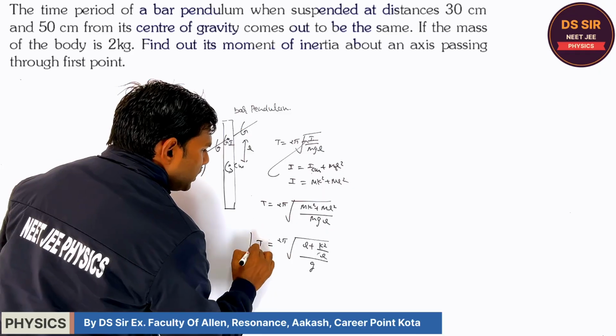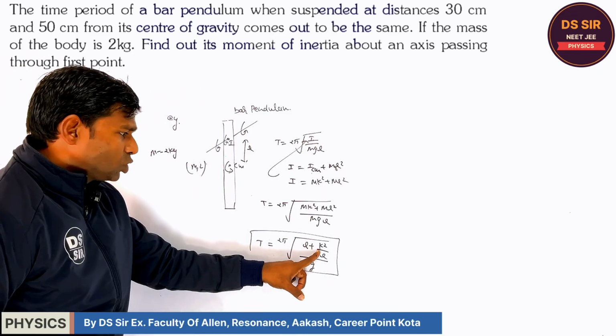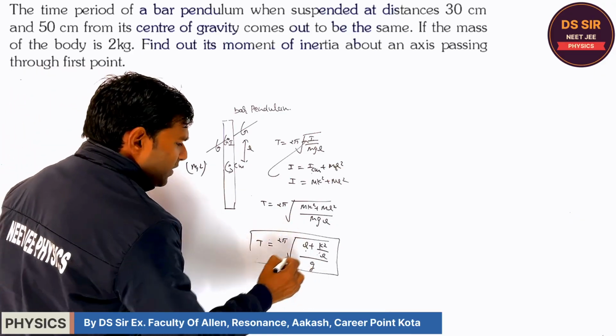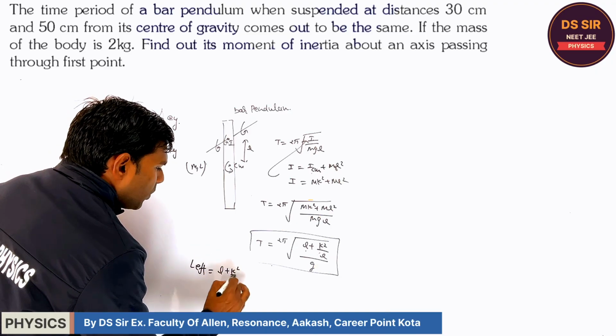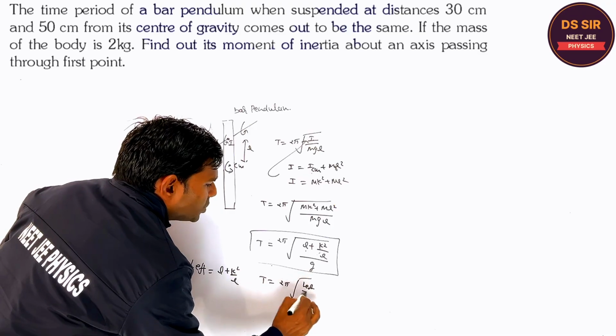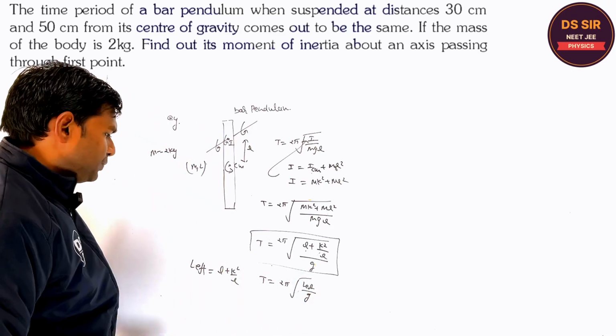Is it clear or not? So the time period depends upon the L effective. What is the L effective? It is equal to L plus K square upon L. So the time period may be written as 2 pi root L effective upon g. This thing we have covered in the theory.